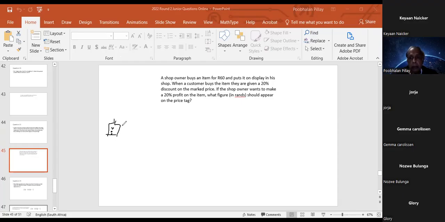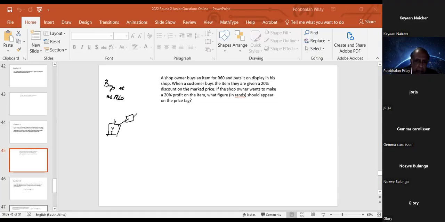And he puts it on display and puts a tag on this thing. Right? He buys it at 60 rands. Now, when the customer buys the item, they are given a 20% discount on the marked price.